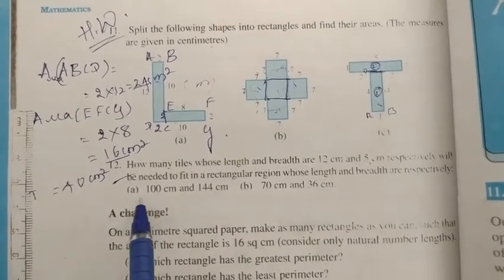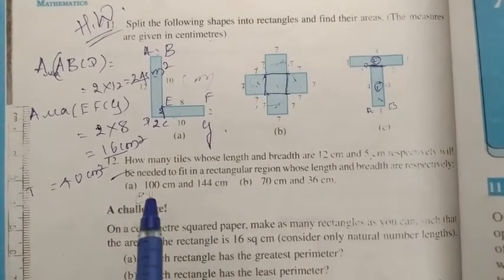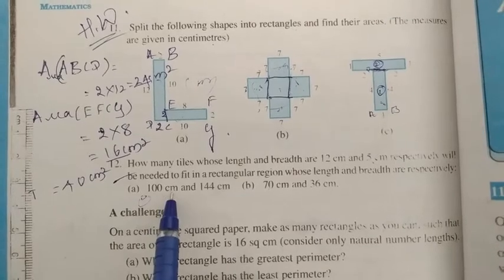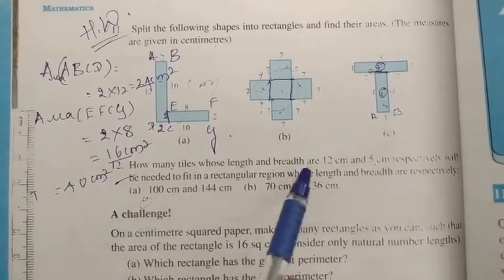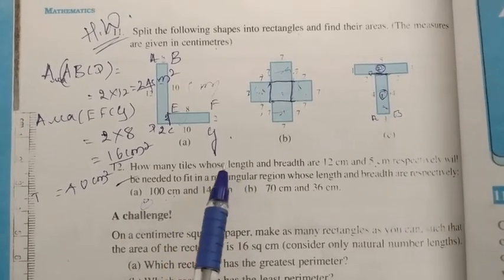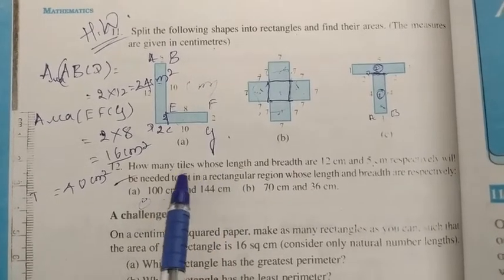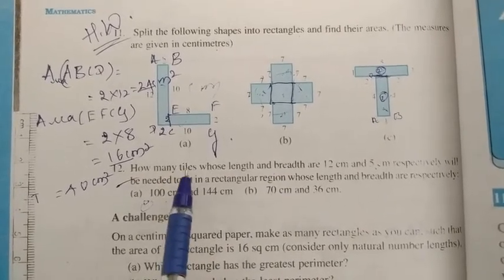The first one I solved, the 8th one. First you have to find the area of the rectangle, the area of the region, and after that find the area of one tile.